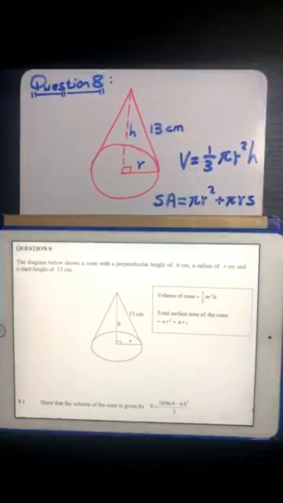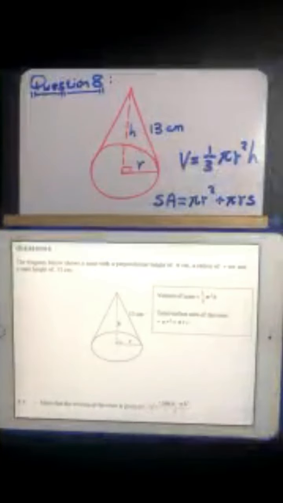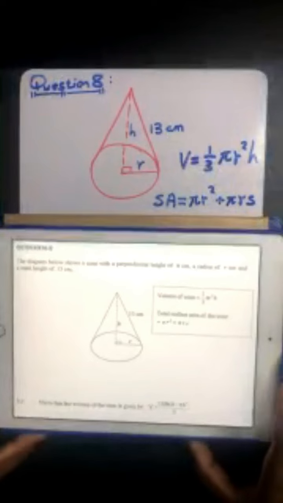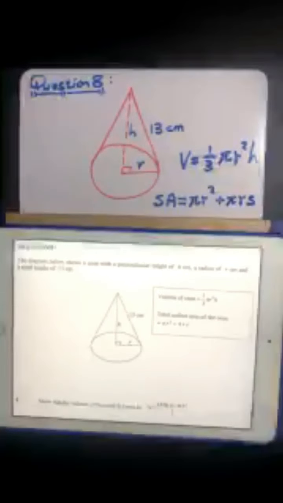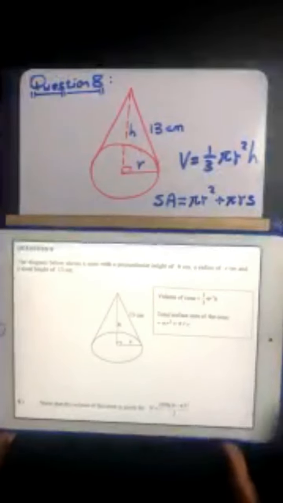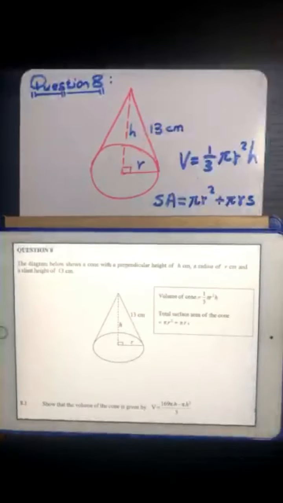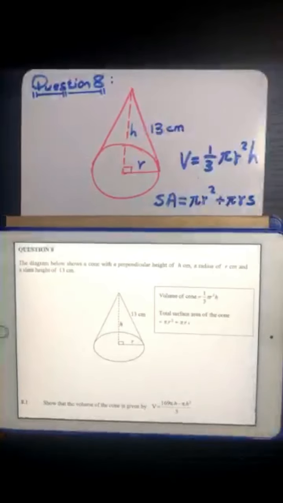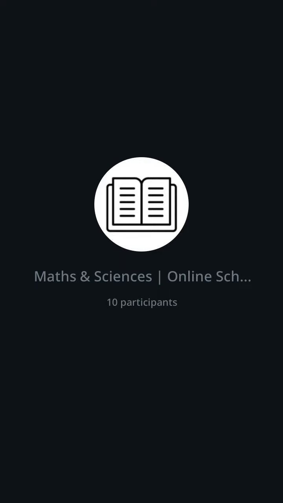Is it clear? Can you clearly see over there, or is it blurry on your side?